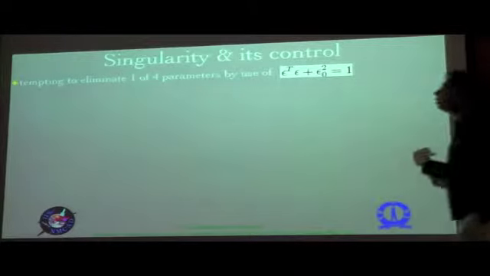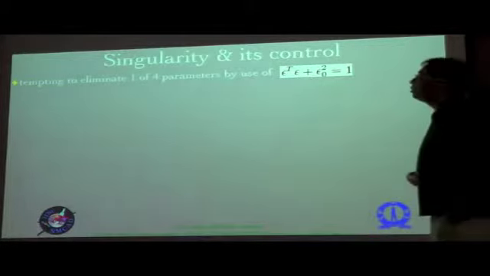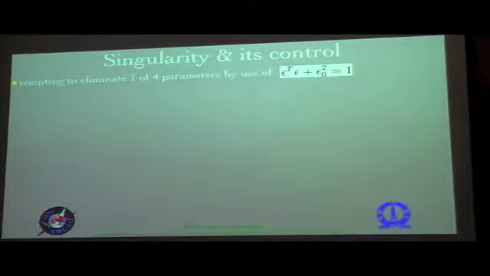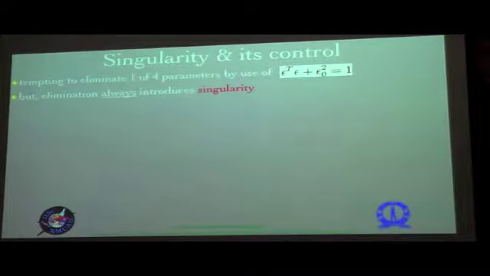So now let's talk about the singularity and its control. Usually the temptation is that we want to eliminate one of these 4 parameters, epsilon naught to epsilon 3, by using the constraint equation that we derived at the end of the last slide. But the elimination, as we also mentioned and as has been shown rigorously by Euler, always introduces a singularity.